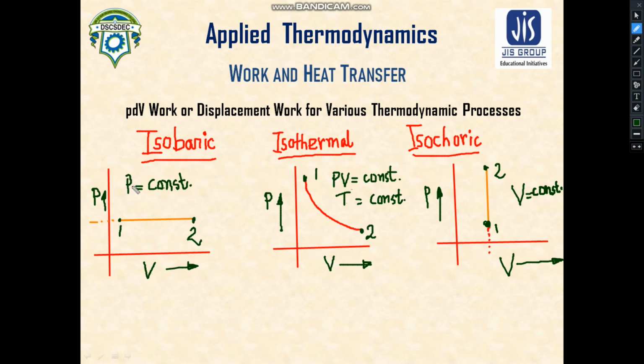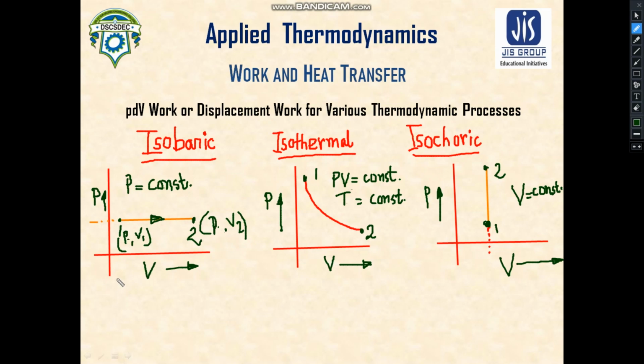Okay, so now let us consider this process 1 to 2. In the first case, the coordinates or the state was P1, V1. In the second case, it became P2, V2. Now as the pressure is constant, it is quite evident that we don't need to write P1 or P2, we can only write P. That will be sufficient.